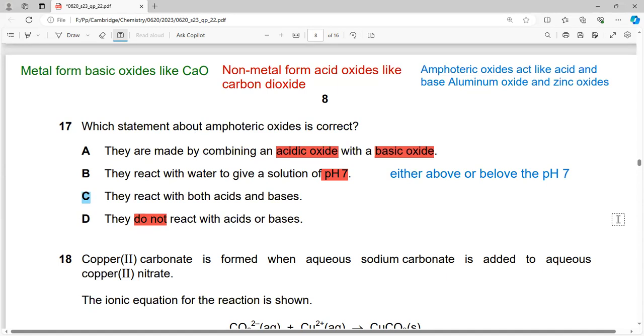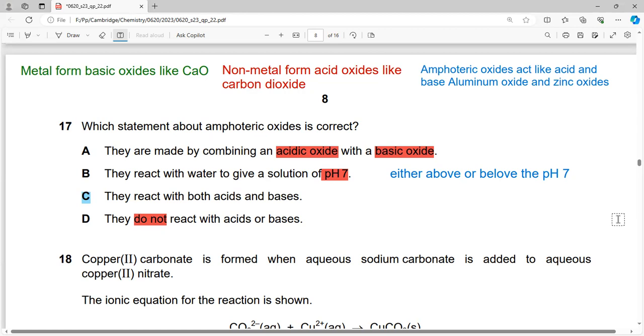And there are certain metals which react with oxygen and produce certain oxides, for example aluminum oxide and zinc oxide. These oxides behave as both acid and base, so they are called amphoteric oxides. So C is our correct option: they react with both acid and base.